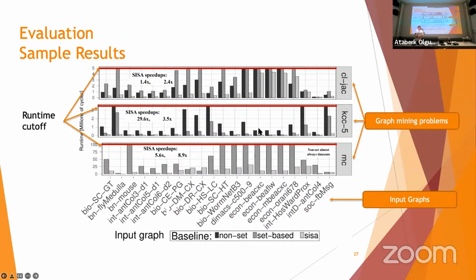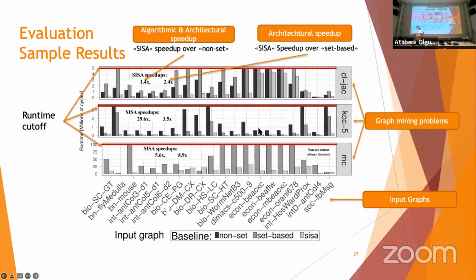And yes, the graphic provides the speedup of SISA compared to the non-set variant, which is the algorithmic and architectural speedup, and the speedup of SISA compared to set-based, which is only the architectural speedup. And what can we see?